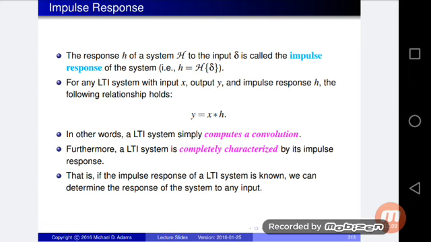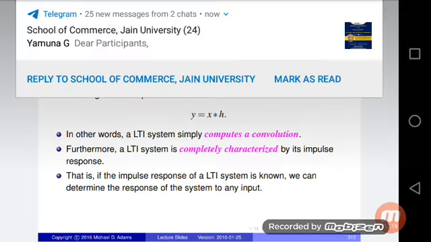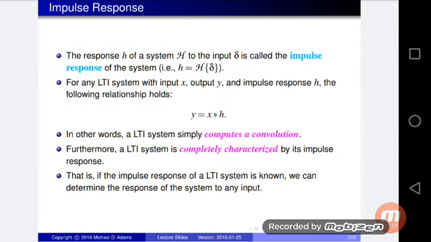The response h of a system capital H to the input delta is called the impulse response of the system. That means h equals capital H of delta is known as the impulse response of the system.